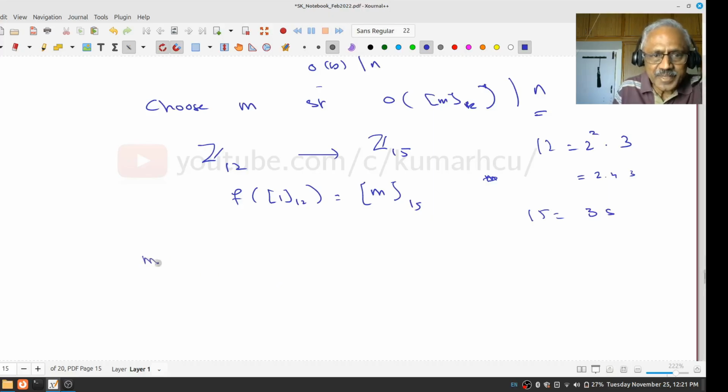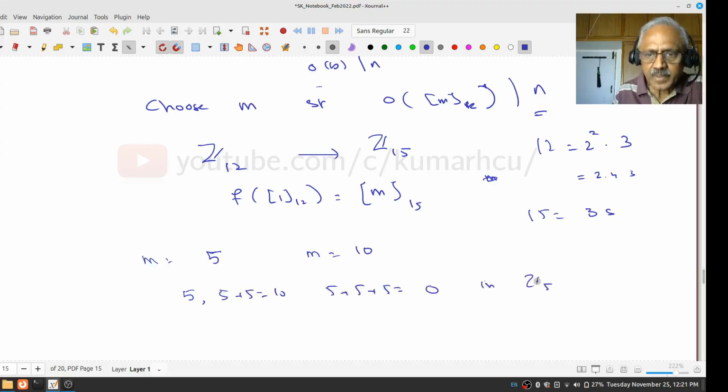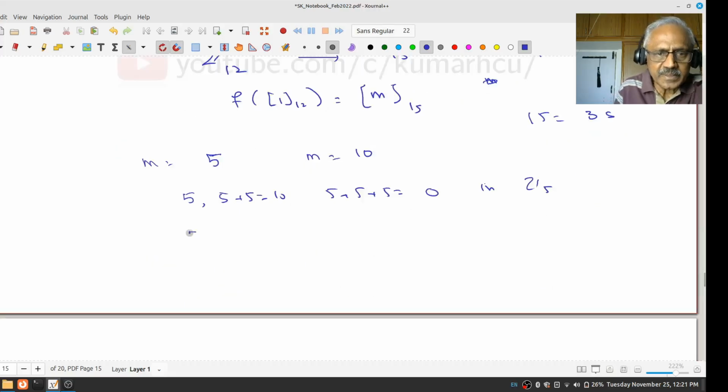Therefore, what should be my m? m may be 5 or m may be 10, because 5 plus 5 is 10 and 5 plus 5 plus 5 is 15, which is 0 in Z mod 15. Therefore, the subgroup generated by 5 in Z15 is 0, 5 and 10.